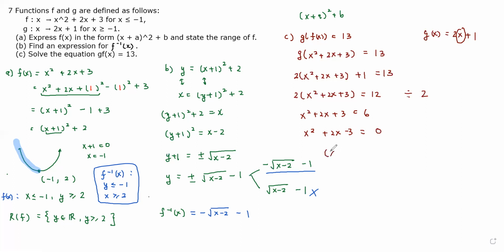We can factor to get (x + 3)(x - 1) = 0. Solving for x, we have x + 3 = 0 or x - 1 = 0. So either x is -3 or x is 1. Now we have to be careful with this case here.